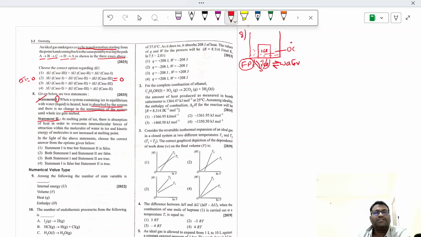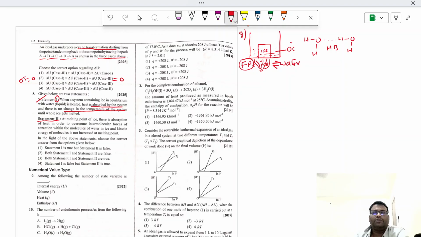Whatever heat you are supplying, see, ice means water. Between one water molecule and another water molecule, what is present? Hydrogen bonding is present. This is also called an intermolecular force.